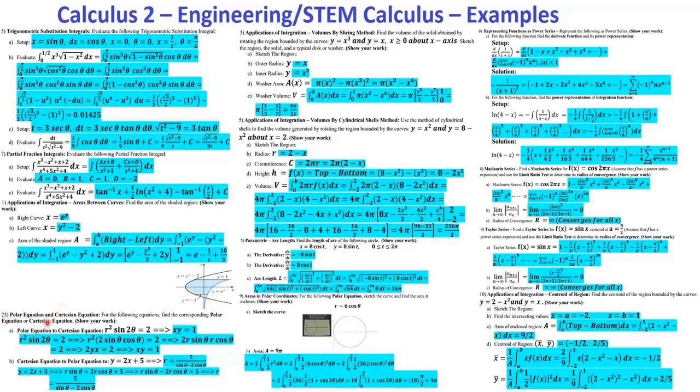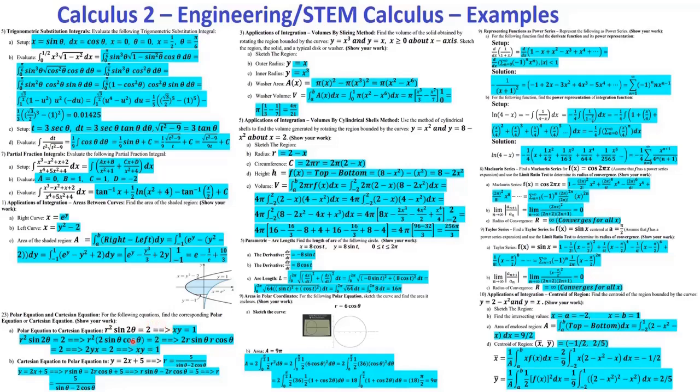Then here I have another example. It's polar equation and Cartesian equation. This is a conversion from polar to Cartesian, and Cartesian to polar. So A is polar to Cartesian, so you have r squared sine 2 theta equals 2.